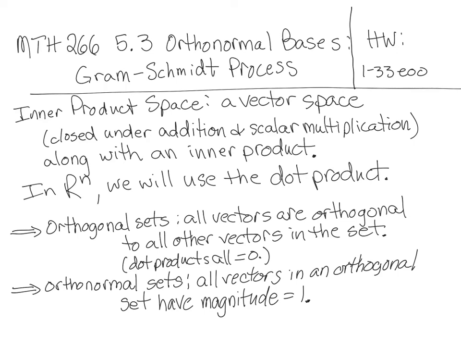So because that's true, we can come up with different vectors in that space that also form a basis and make sure that those vectors are perpendicular to each other. Even in n-dimensional space, this can be done.